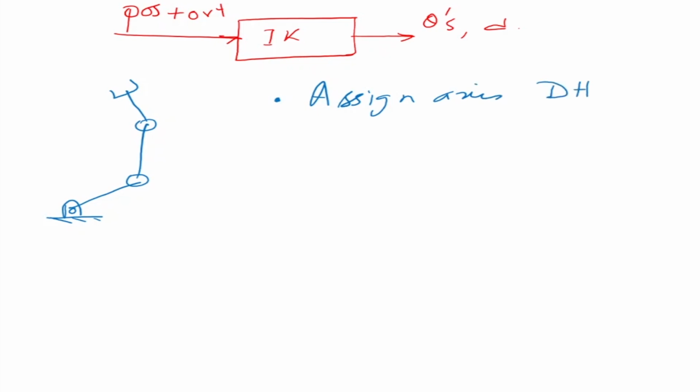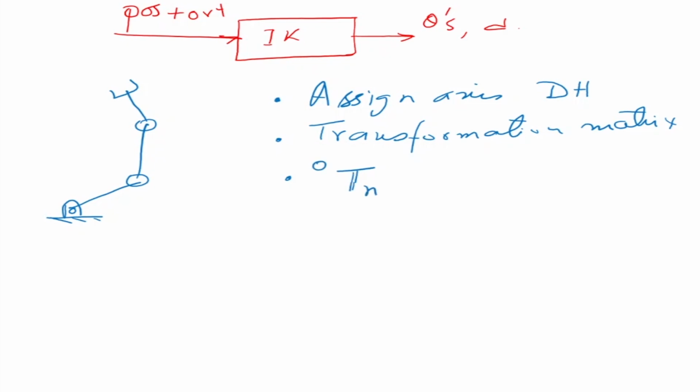That means Z is the axis of rotation, and X is the shortest distance between the Z axes. Then we make our transformation matrices, which relate one axis to the other. Then we multiply them out and find the total transformation from the 0 frame to the nth frame.